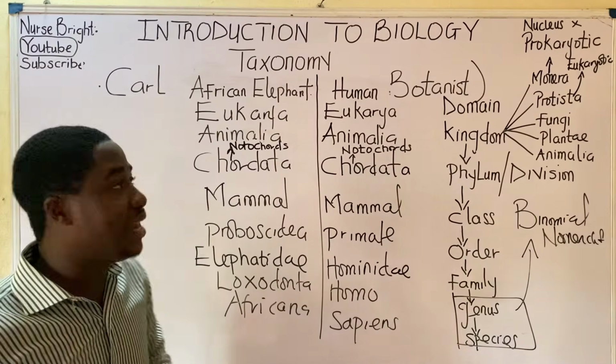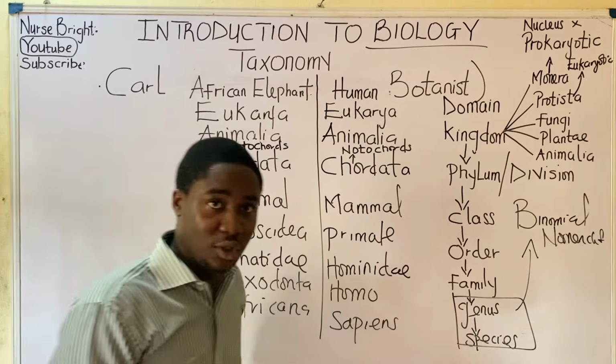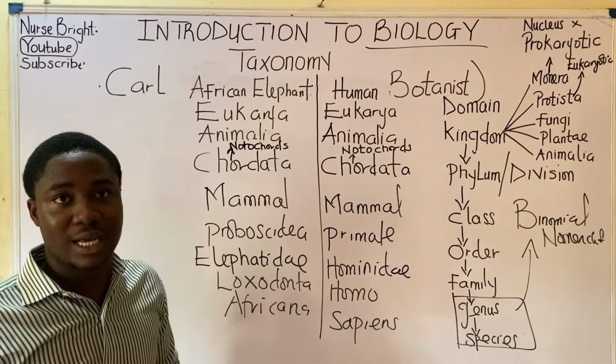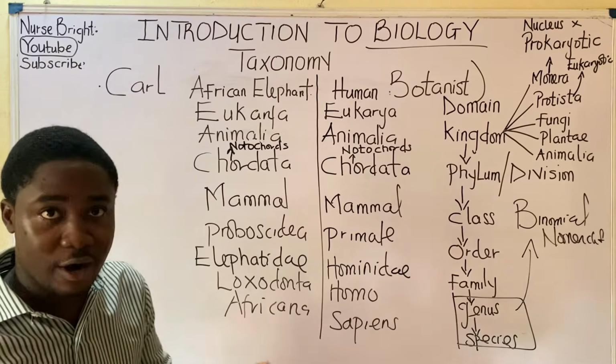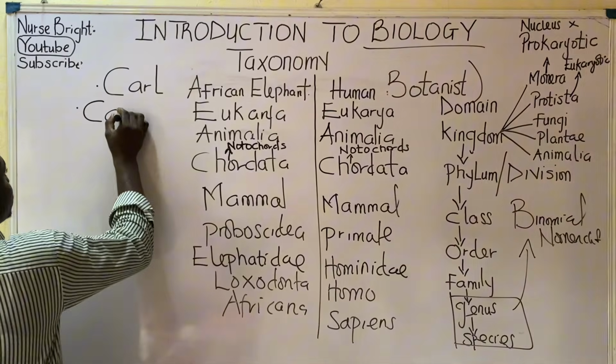Now, moving further, let's quickly talk about the importance of this subject, biology. Biology is extremely important to us humans in different ways. First of all, biology serves as a career subject.